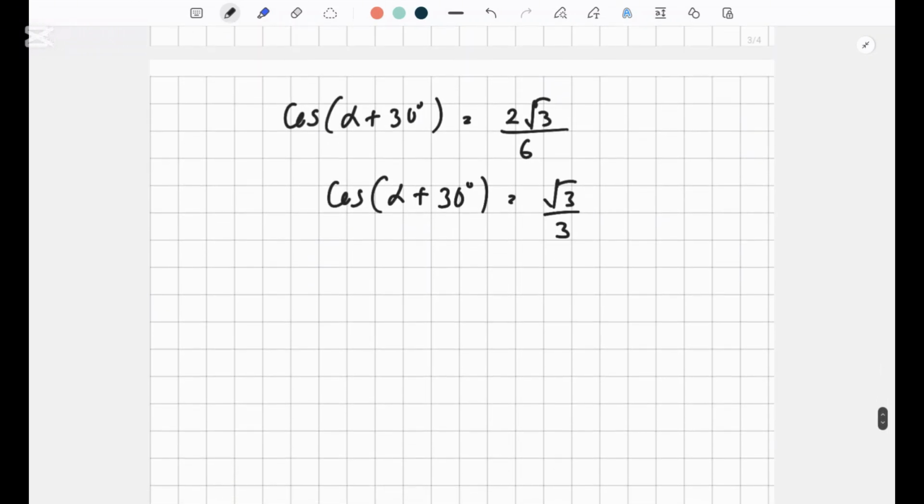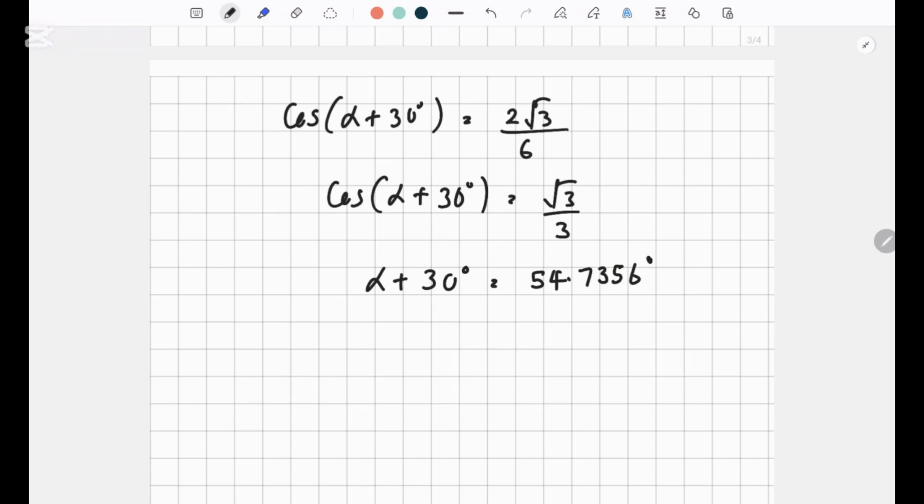So now I'm getting cos inverse of root 3 over 3. So alpha plus 30 equals 54.7356. You can just write it like that.